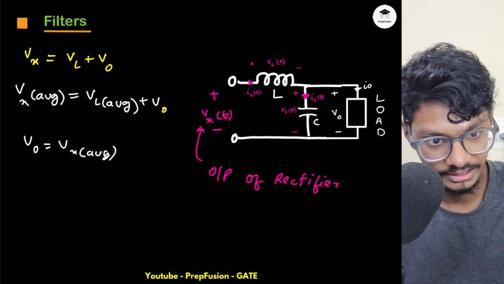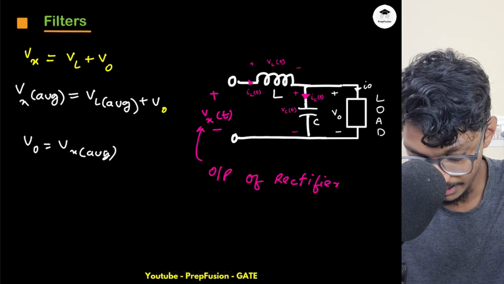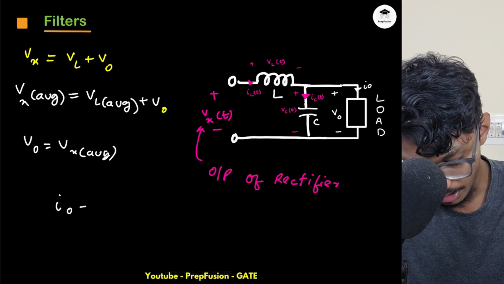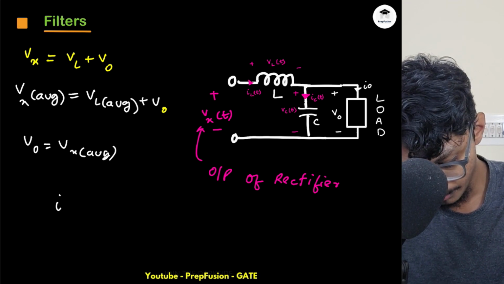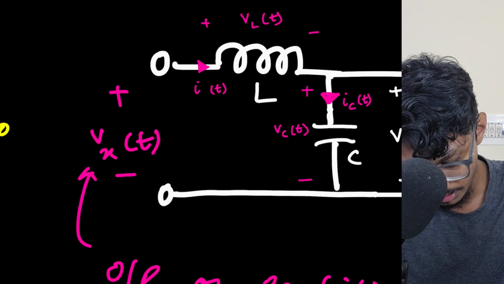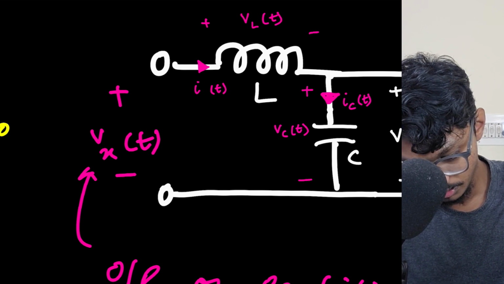Okay, so next about the current. My IO is equal to, not IO, sorry, my IX. This should be IX, not IL.